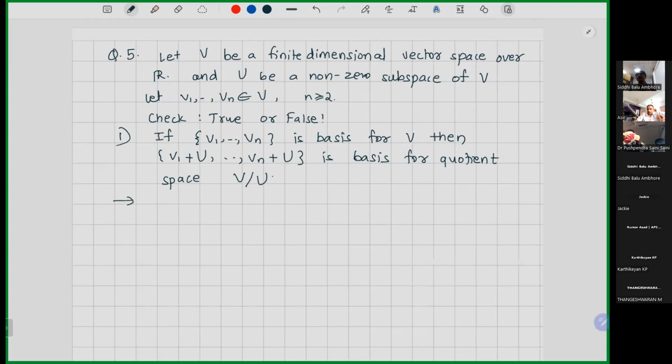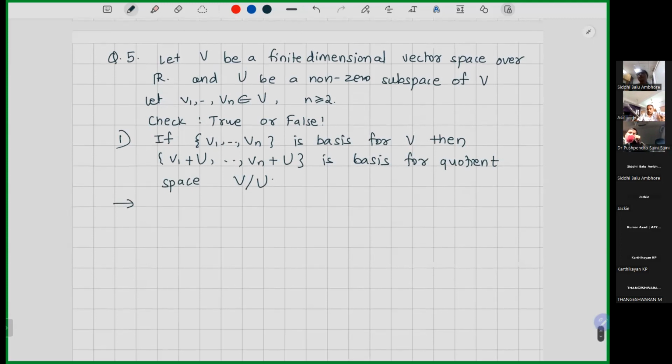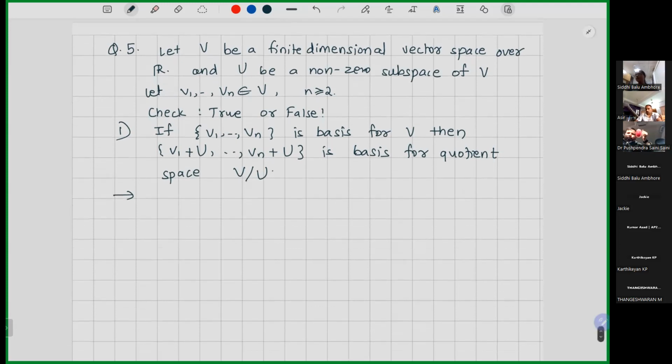What is your guess? That if I have basis V1 to Vn for V, then is this V1 plus U to Vn plus U a basis or not? Anyone? Any guesses?